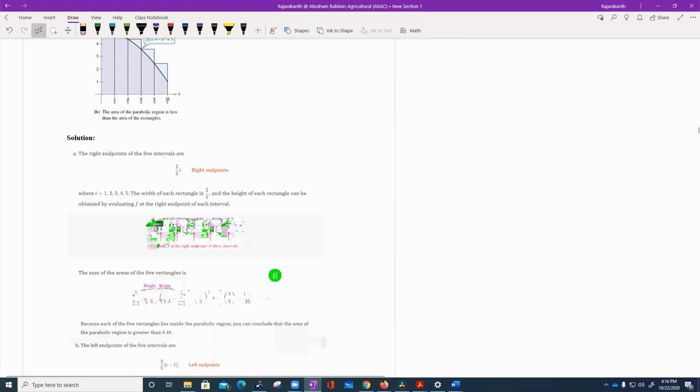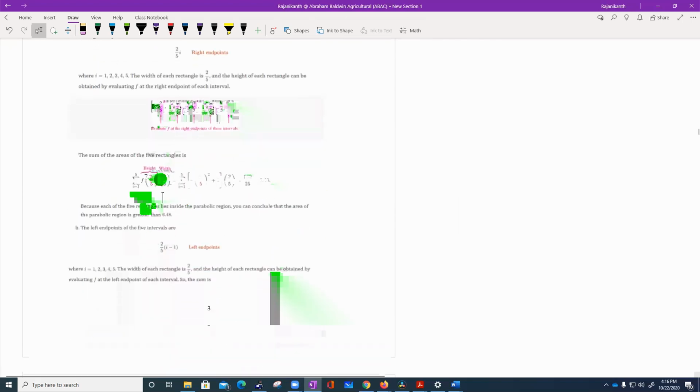So remember, this is my first rectangle, second, third, and so on. So simply we use the formula now, right? So this is nothing but the area of the ith rectangle. Since I have 5 rectangles, you have to add one by one. So that is, in summation notation, i from 1 to 5.